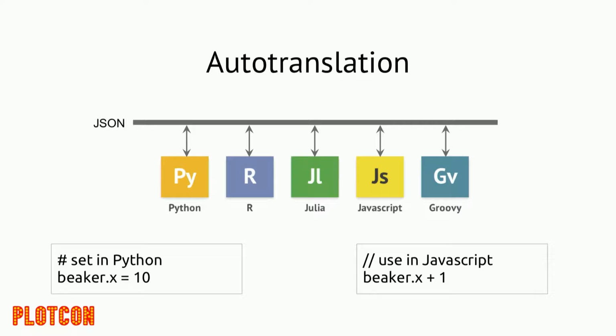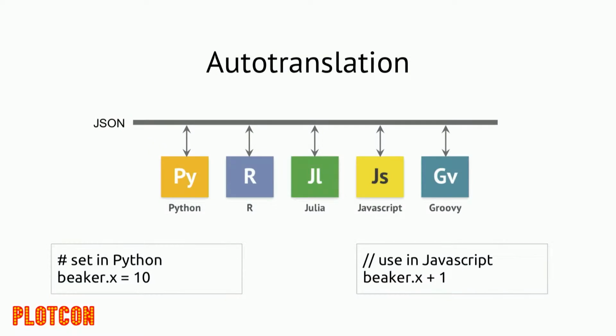The idea is that when the languages run in Beaker, we define sort of a magic object called the Beaker object. And we use metaprogramming to make that appear, or to synchronize the values between all the languages.